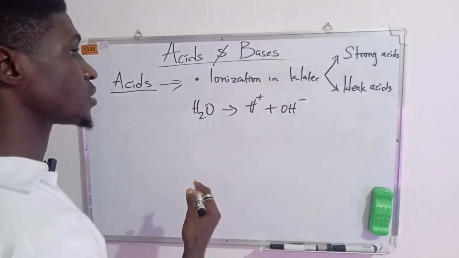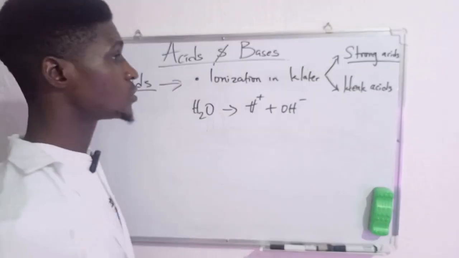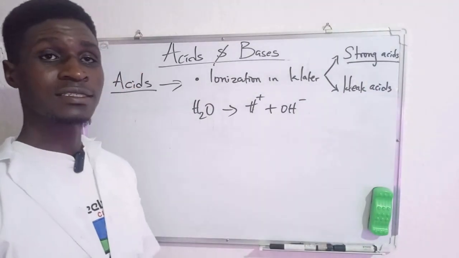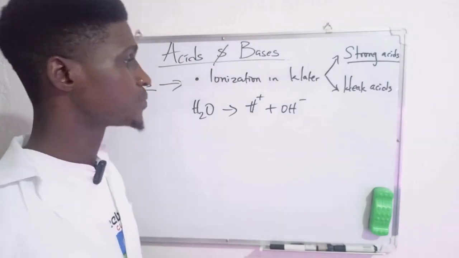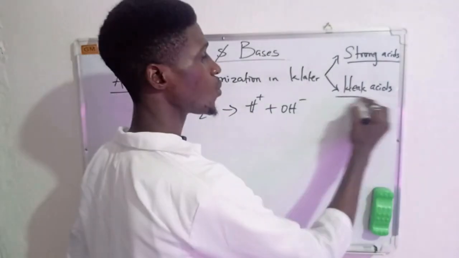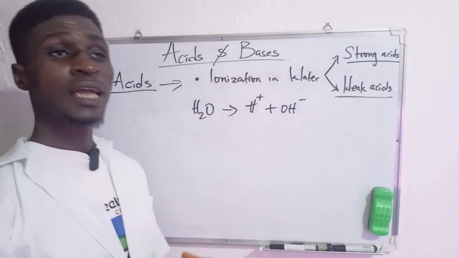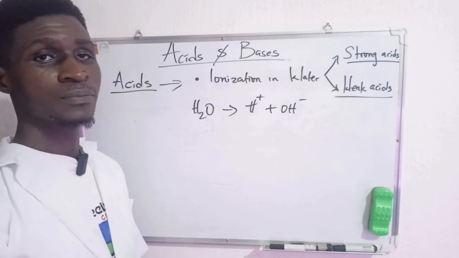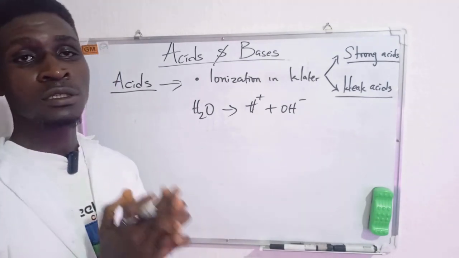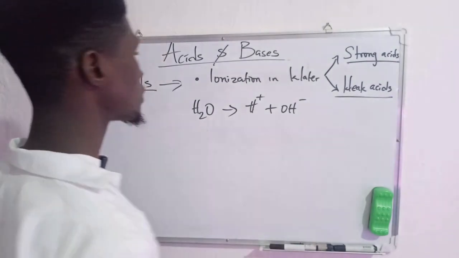It means that that substance is what? A strong acid. So by definition, strong acids are acids that ionize completely or perfectly in water. Then weak acids are acids that ionize partially in water. There is incomplete ionization of such substance in water.